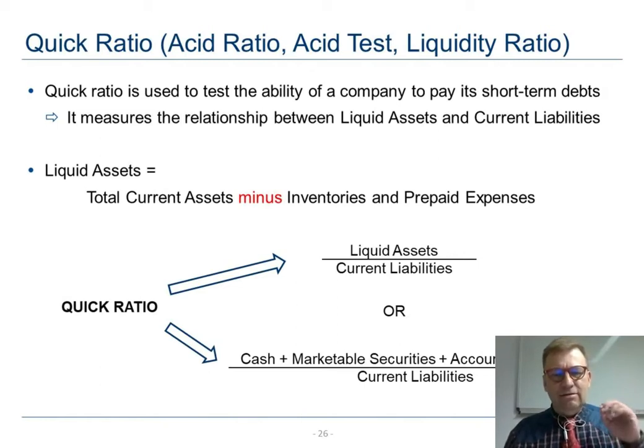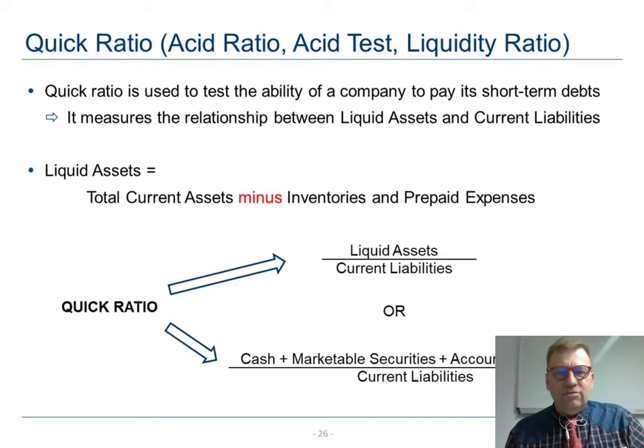Now, acid, because in very past times when people wanted to check gold, they poured acid on the metal, and if it stayed like this, probably it is gold, because it does not react with the majority of acids.